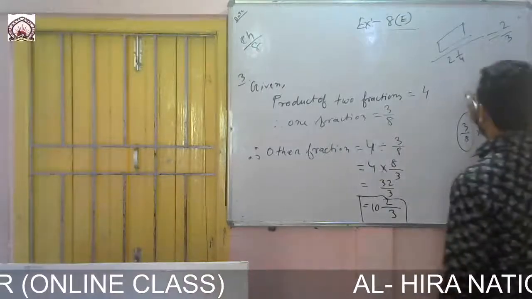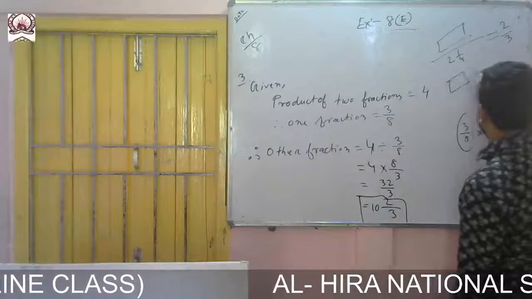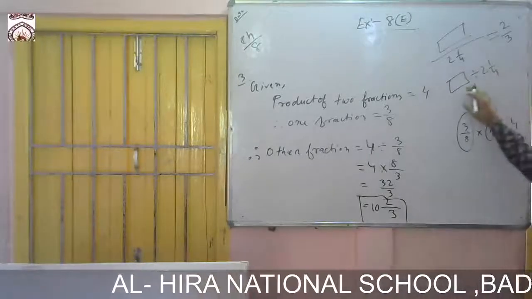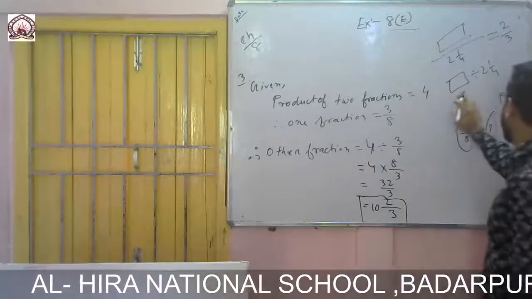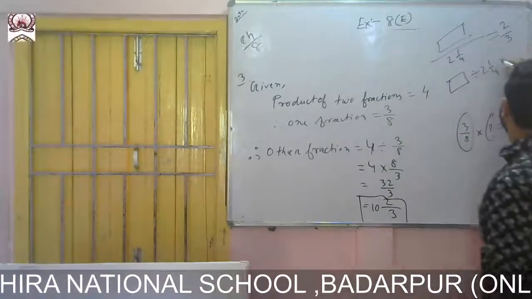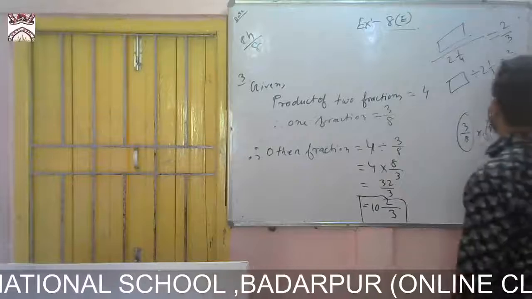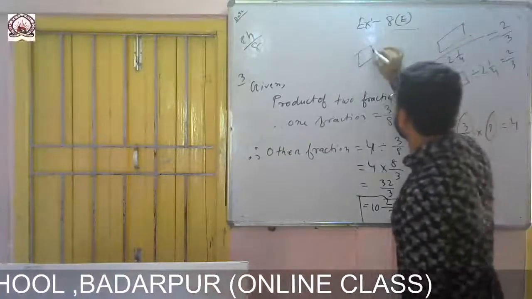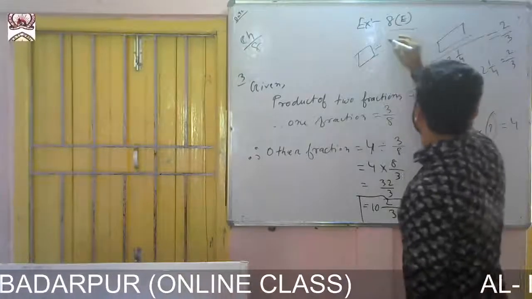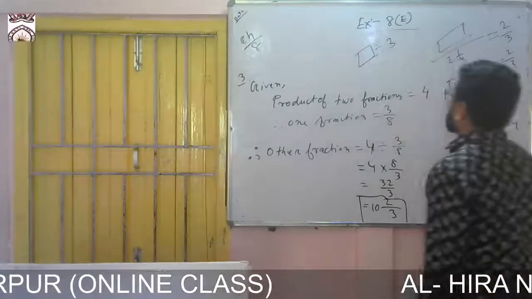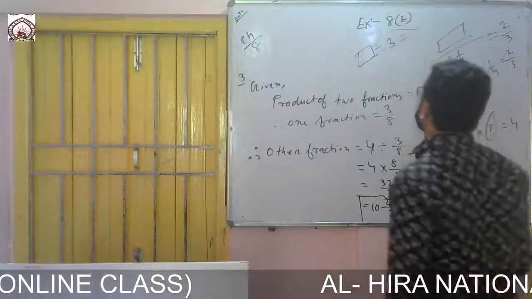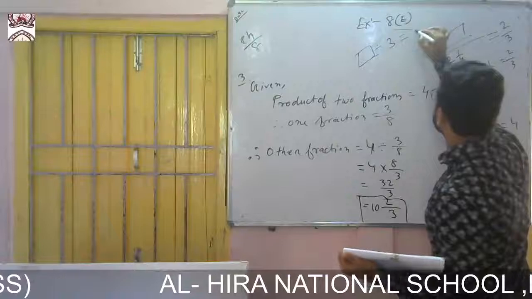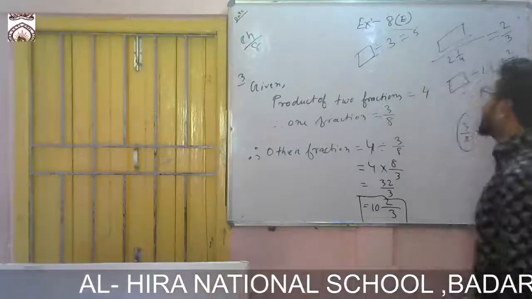If I write this like this, which number should be divided by 2 1 by 4 to get 2 by 3? Suppose this is a number and here I got 3, and suppose the answer is 5.